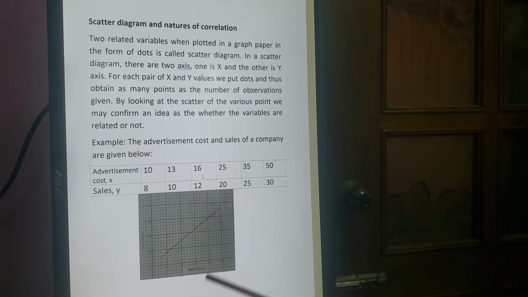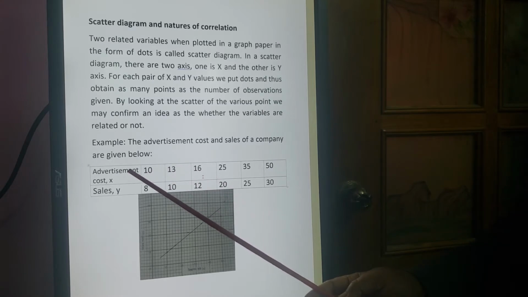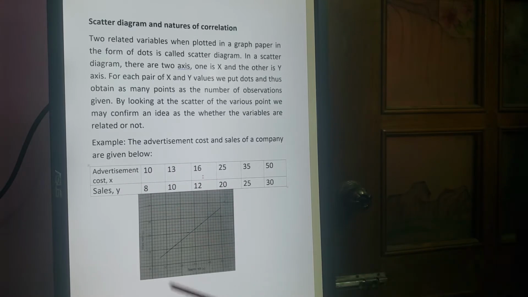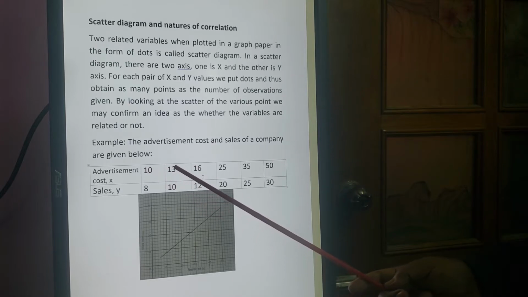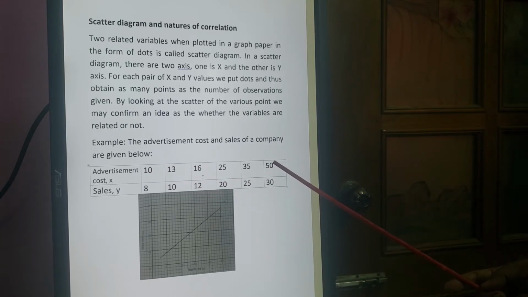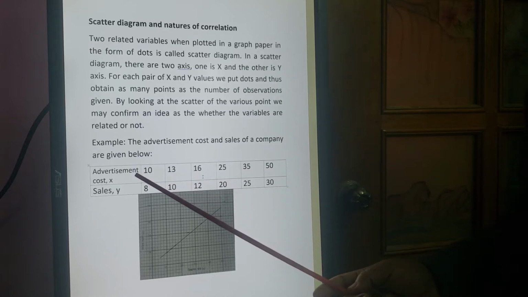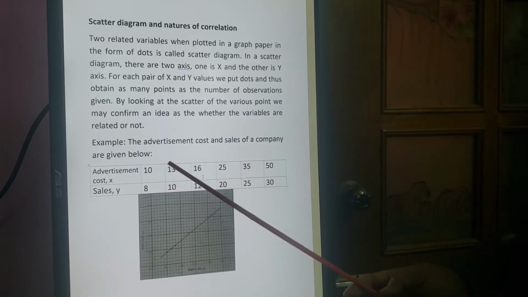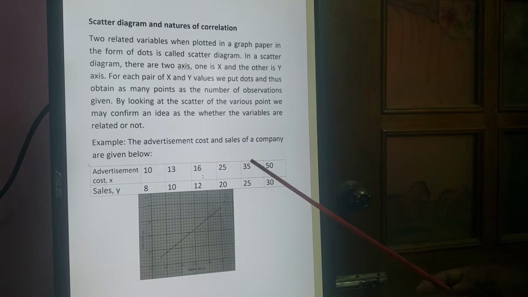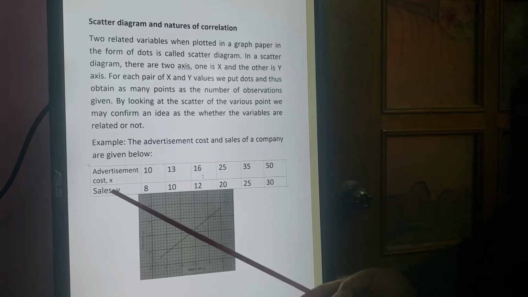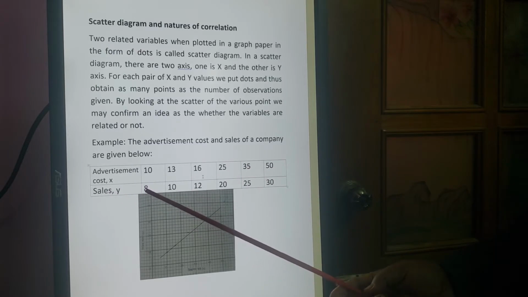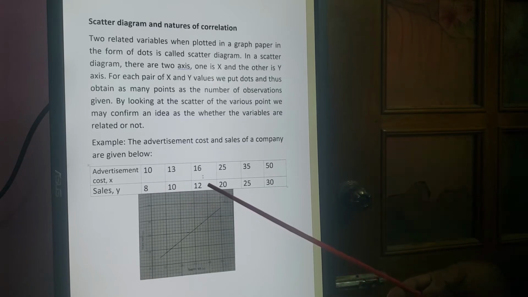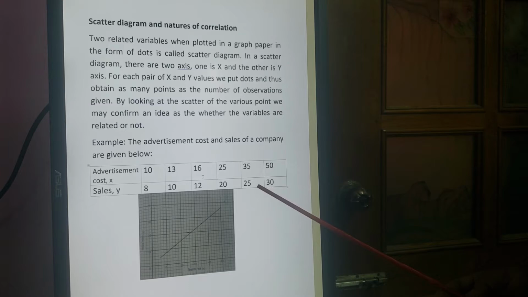Here, the advertisement cost and sales of a company are given. These are the advertisement costs of a company in thousands, that is 10,000, 13,000, 16,000 and so on. And this is the sales, say 8 pieces, 10 pieces, 12 pieces, 20 pieces and so on.